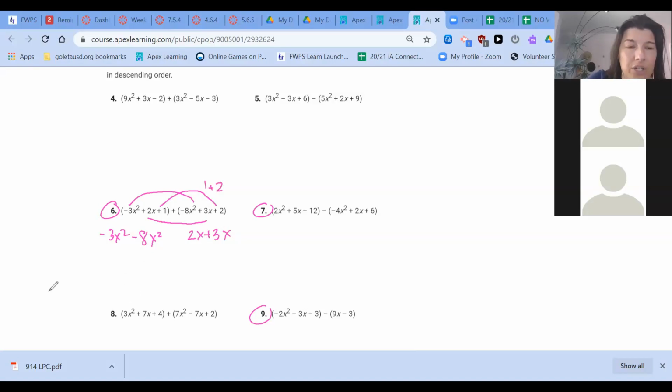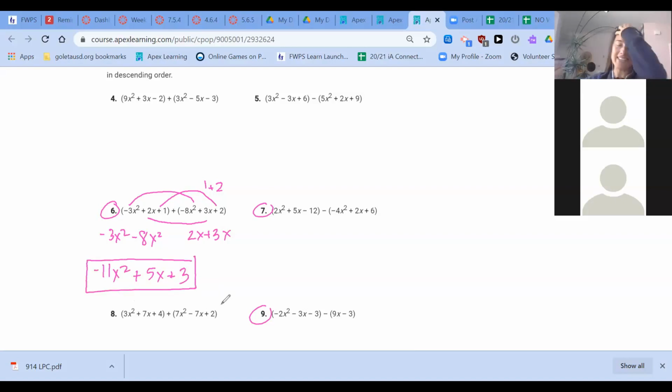So when we combine like terms, on number 6, our final answer is -11x squared plus 5x plus 3. Do the descending order check. Are we in descending order? Yes. Do the mom check. If your mom looked at your work, is there enough work shown that she can understand your thinking? Hopefully, yes. Okay.